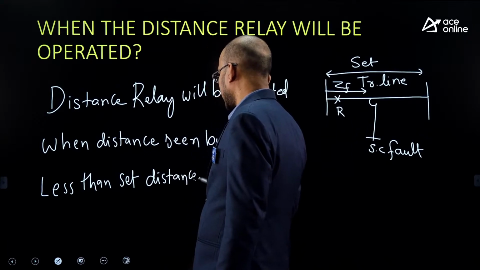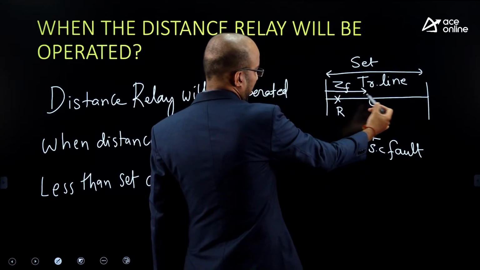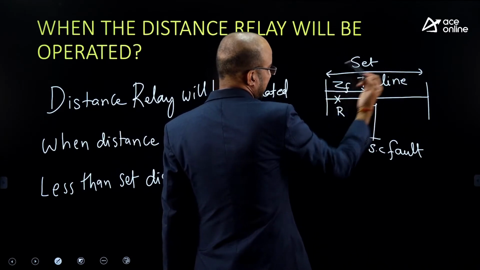Is it clear? Whenever a fault takes place, the observed impedance will be less than the set impedance.